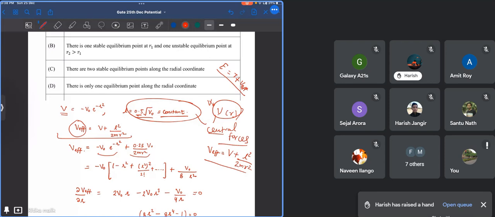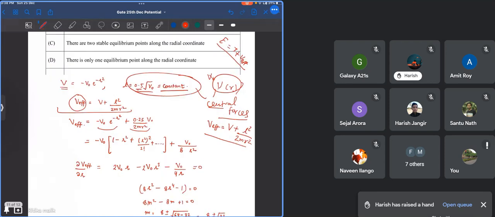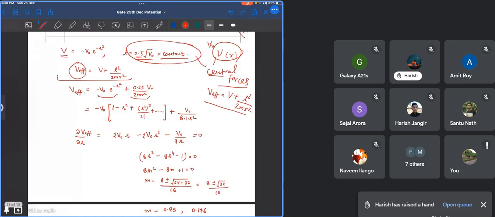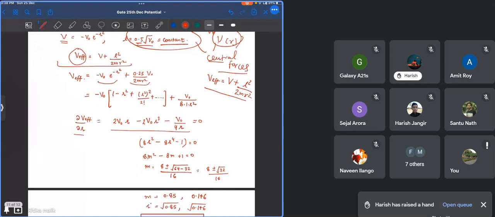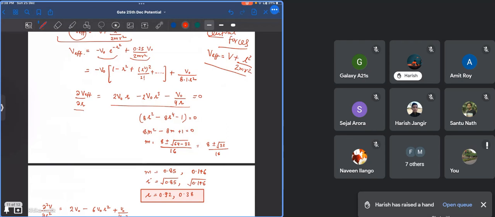If you write L squared, this term will become 0.25 V naught, which is like 8 r squared m, and I have taken m as 1, so 8 multiplied by 1. And just expand this term also. So your V effective will become this one. You just differentiate it with respect to r and put it equal to 0.